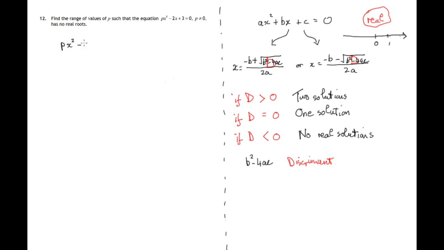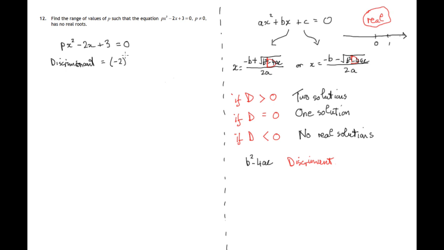px squared minus 2x plus 3 equals 0. And to determine if there's two solutions, one solution, or no real solutions, we'll have a look at the discriminant. So for this equation, the discriminant is equal to, now b is the coefficient of x.